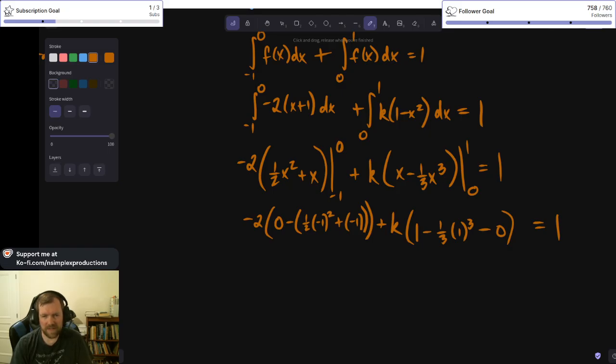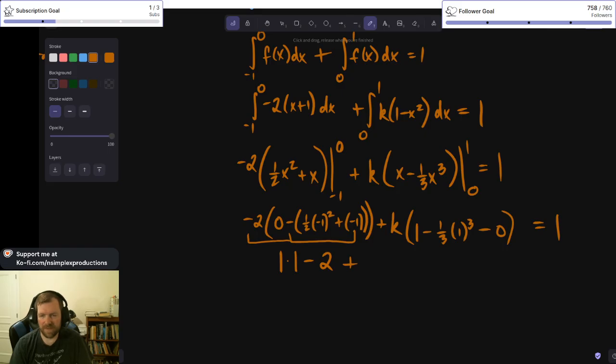This -2 is going to multiply a -1/2 from this bit, and that's going to become a +1 times -1 squared, which is 1. -1 times -1 is +1, times -2 is going to be -2.